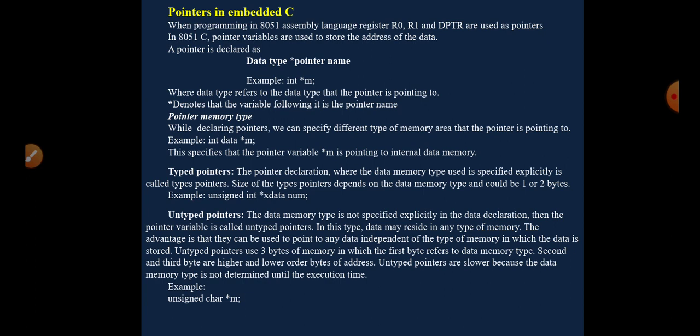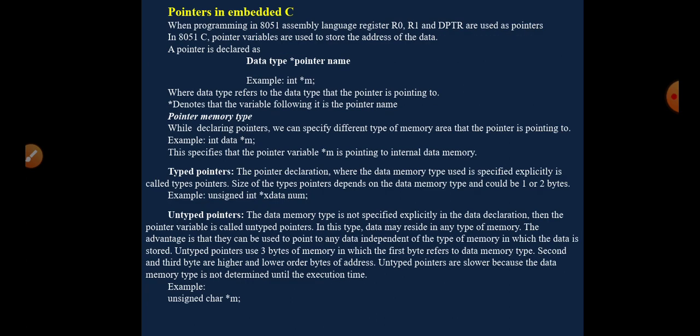The data type refers to the type of data the pointer is pointing to, and the asterisk denotes that the variable, for example m, is a pointer name, so the content of m will be treated as the address.